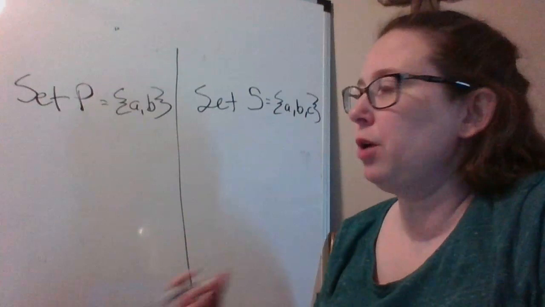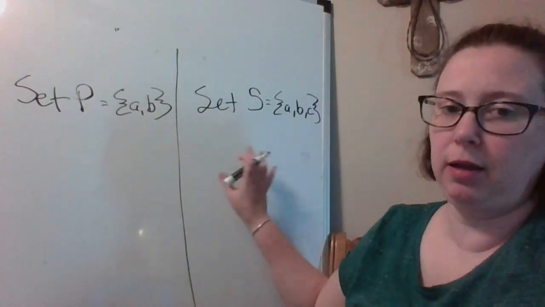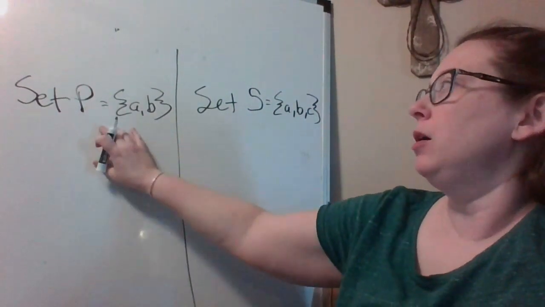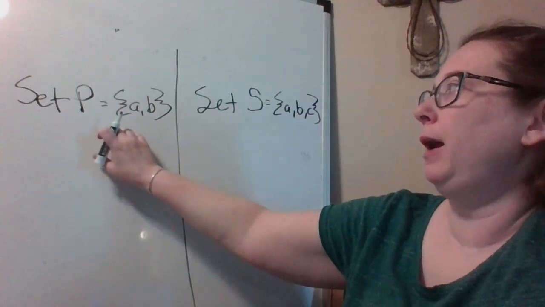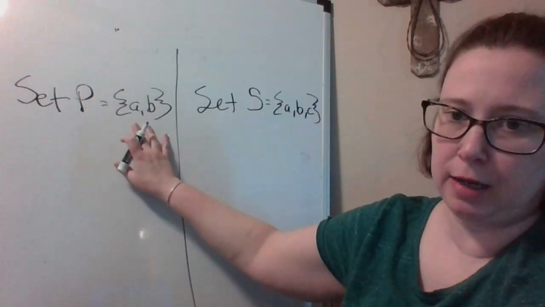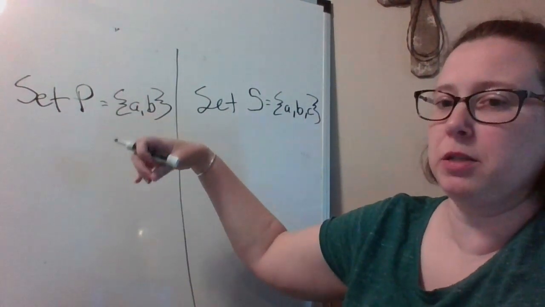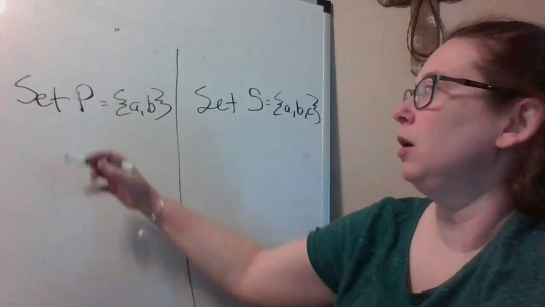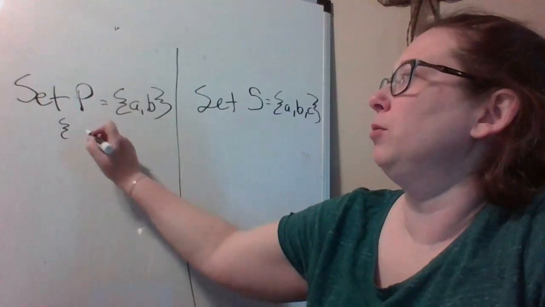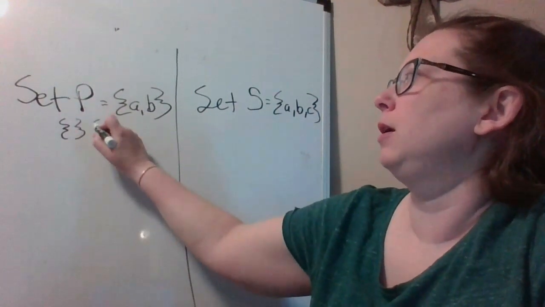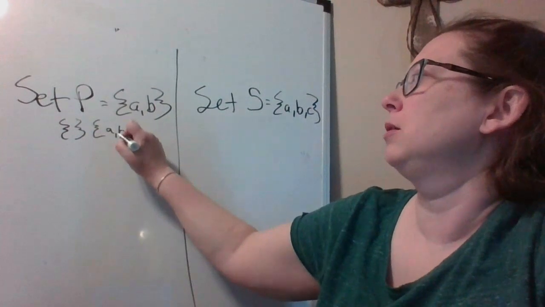Going back to got it 3, we have A and we have B. A is set P, which only has the elements A and B in our universal set. That means that our subset list is going to be pretty short. So we always are going to start out with the empty set and the universal set.